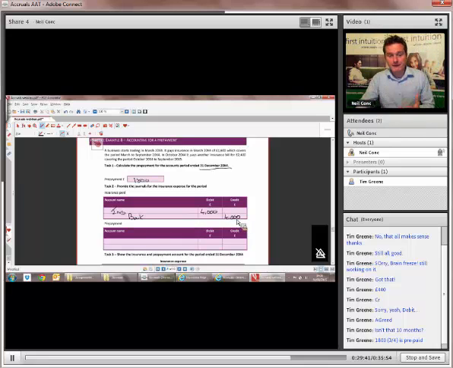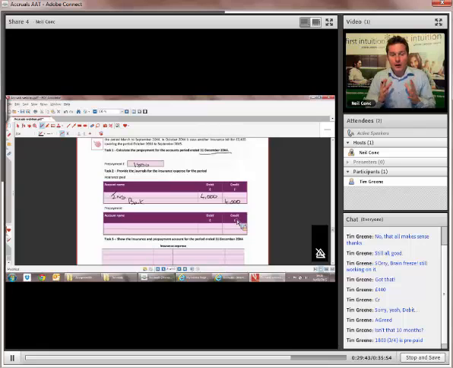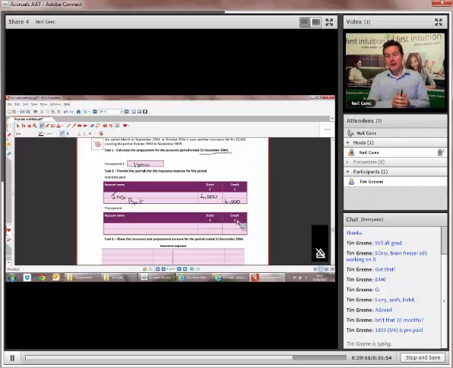Now the prepayment, what's going to be the debit in the prepayment and what's going to be the credit? So we've got two things. One's the expense and one's the prepayment account. Which one should we debit? That's spot on.